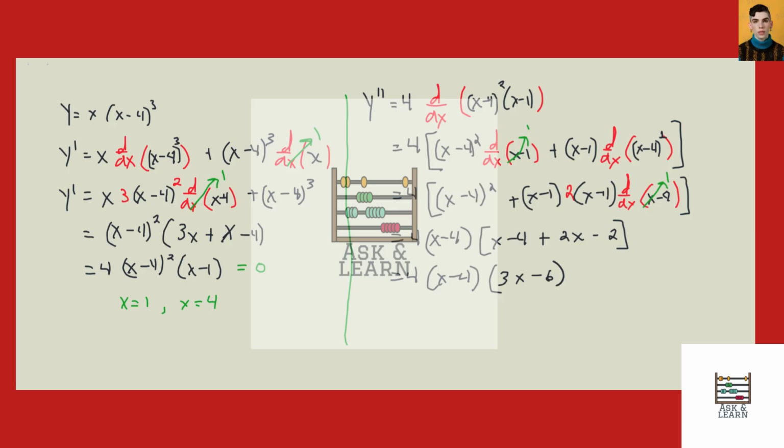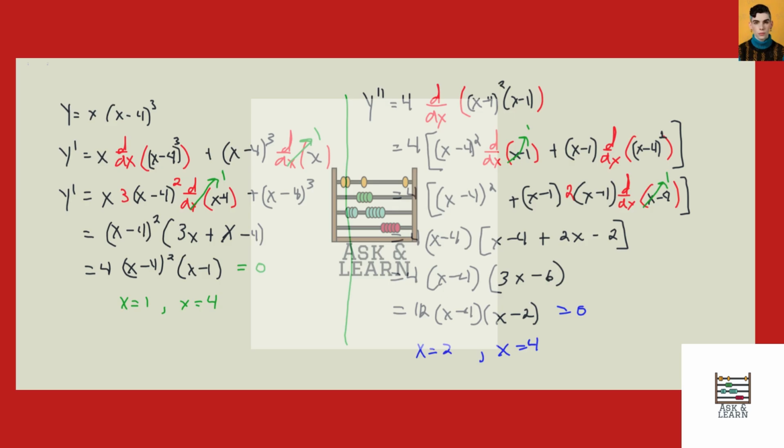And we can factor a 3 out of there. Forgot I factored out that 3, so it should be 12 out front here. Then x minus 4 and x minus 2. So if we set this equal to 0, we would get that our points x is equal to 2 and x is equal to 4.